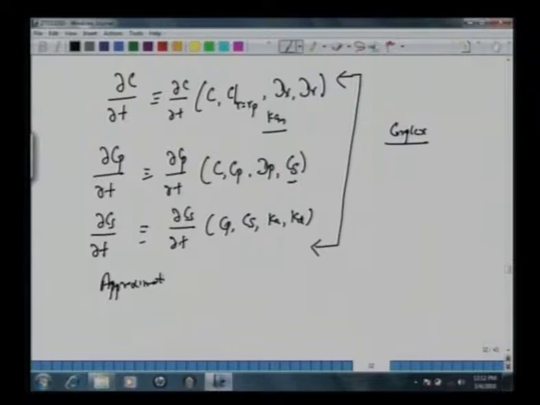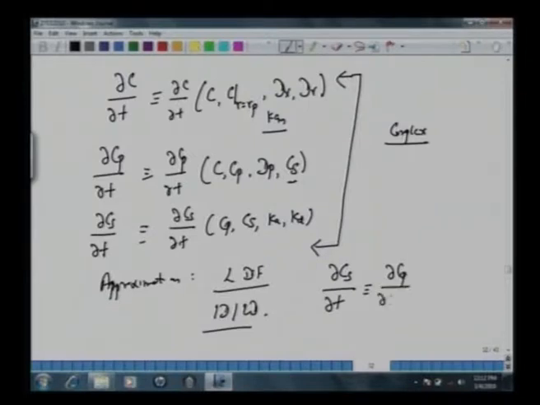So generally one makes approximations. LDF is a very common approximation, linear driving force approximation, 1D, 2D models, etc. Essentially what you use here, we assume the rate of change in the surface phase concentration is very fast. In other words, one can write it as rate of change in the gas phase or in the pores, and then we have dCs over dCp as the slope of this isotherm.